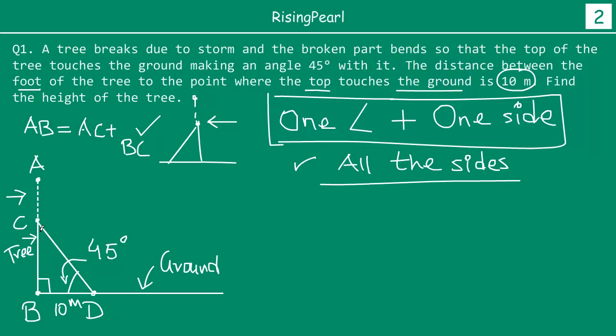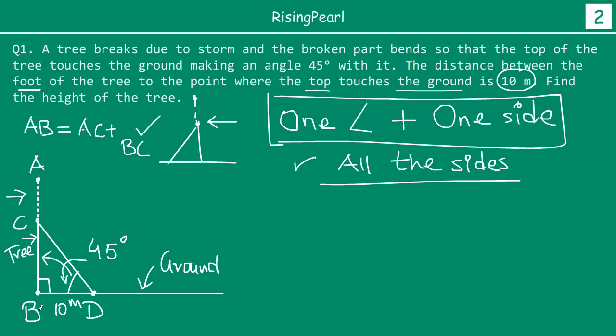Now, how much is BC? If you look at the right triangle BCD, we know angle D, which is 45 degrees. So how does the side BC relate to angle D? Well, the side BC is right opposite to angle D. So what is the relationship where I can use the opposite side and adjacent side?